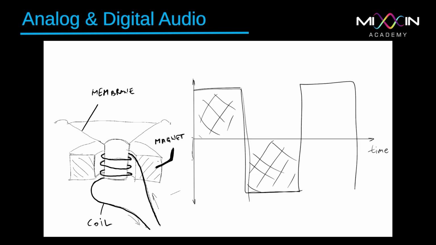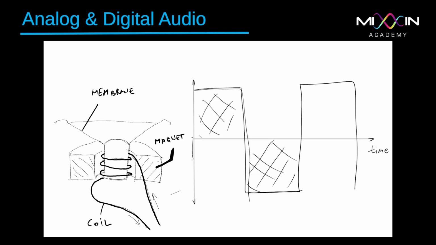Now, we could use this the other way around. In the example I just showed you, we are providing electricity, which in turn, using the coil, produces a magnetic field, and that magnetic field reacts with the magnet, pushing the membrane in and out, producing sound pressure. Now, if we produced sound pressure and applied it to the membrane, we would have electricity produced in the coil.